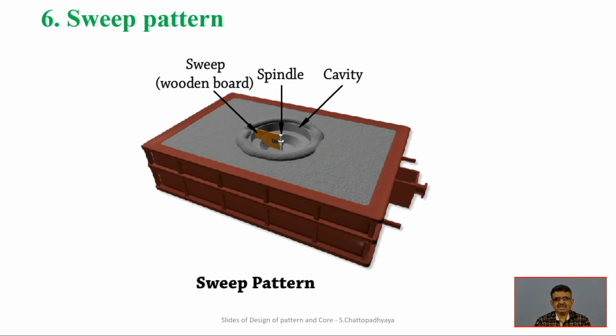So just a small section, with the symmetry of rotation, creates it. That is a very clever way, but only possible when we have rotational symmetry of the products, and the cavities are generated with a very small part of the pattern just rotating about the spindle.